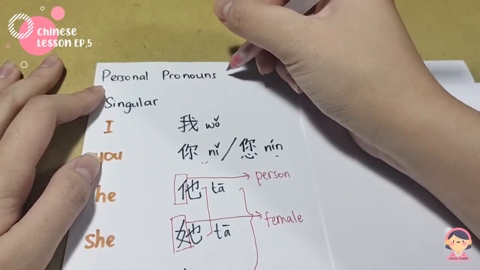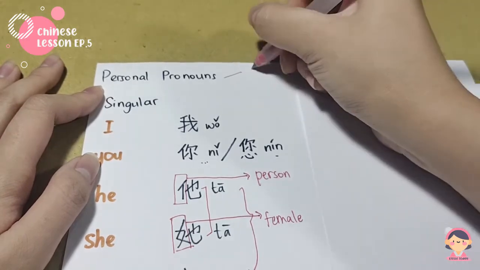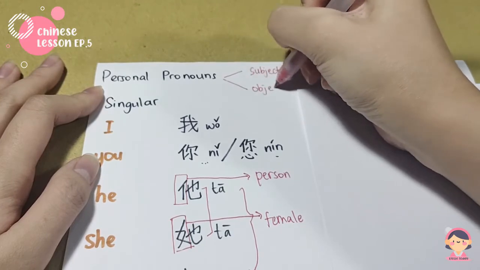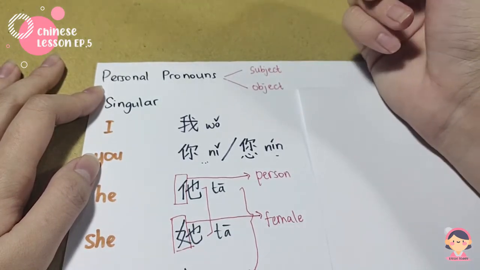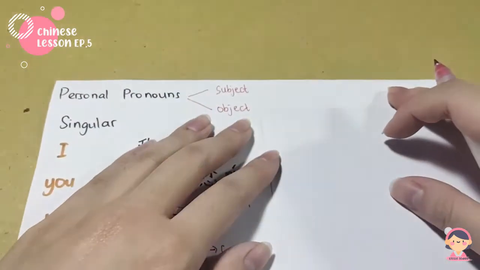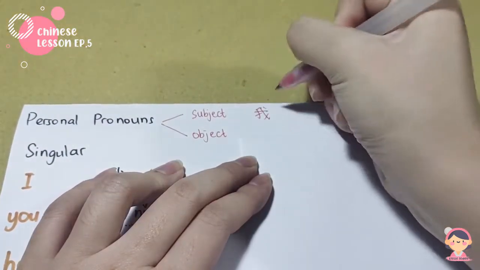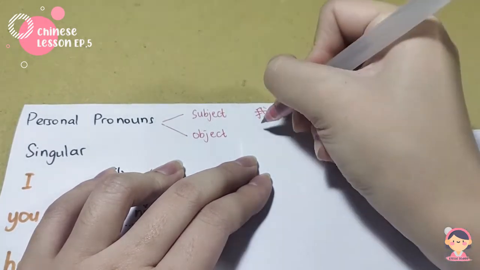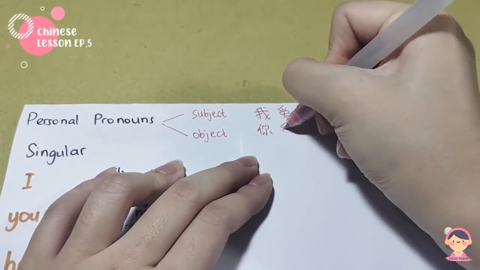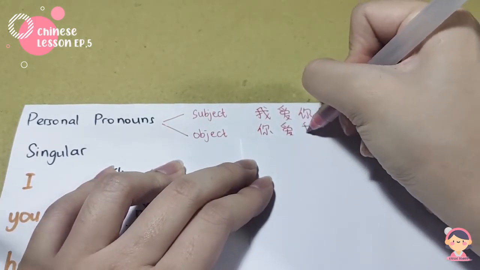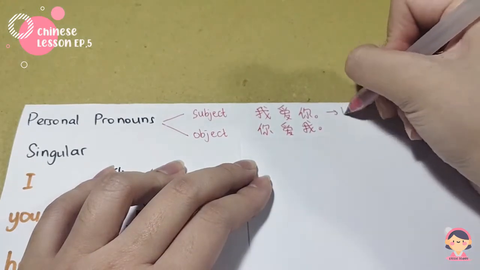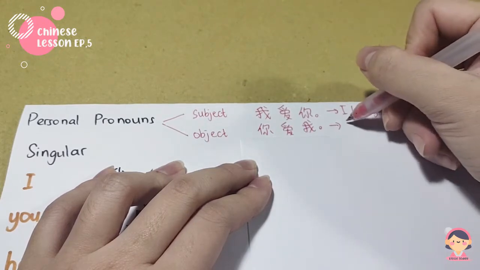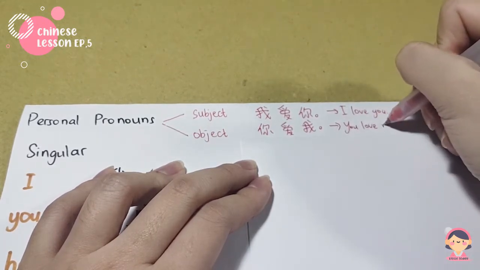And Chinese personal pronouns can be used for both subject pronouns and object pronouns, and they don't change the form. For example, 我, I, 你, you. 我爱你 means I love you, and 你爱我 means you love me.